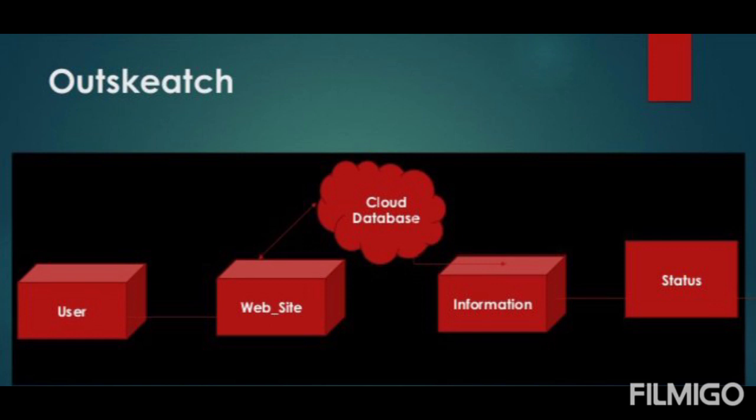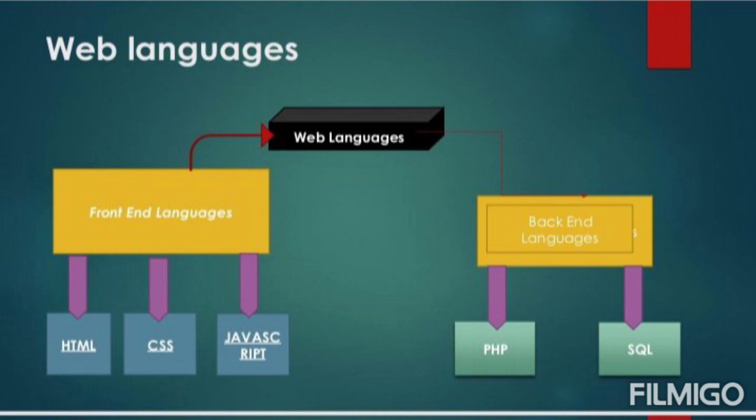Coming to the next slide, that is web languages, we can see that web languages are divided into two parts, that is front-end languages and back-end languages. Here front-end languages consist of HTML, CSS and JavaScript, whereas back-end languages consist of PHP and SQL.